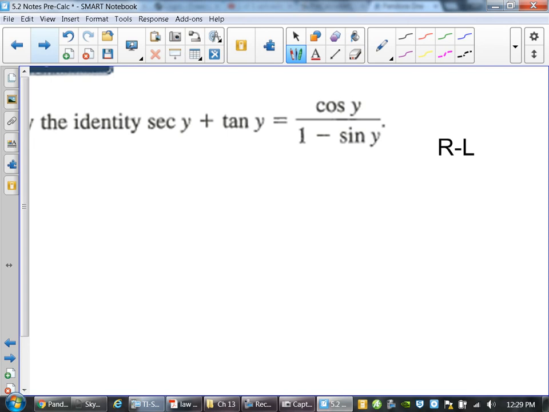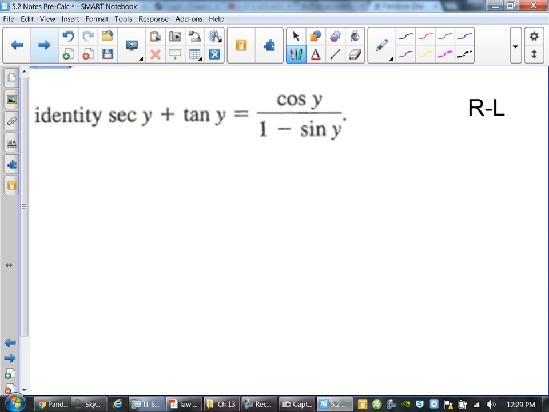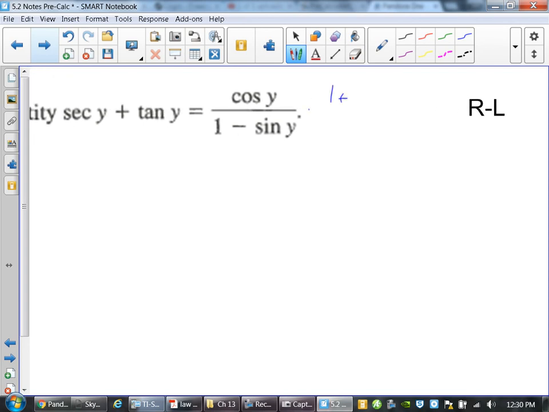Okay. Now, yesterday we did one that looks similar to that. And how did we get rid of the 1 minus sine in the denominator? You multiply by its conjugate. Okay. So we multiply by the conjugate.